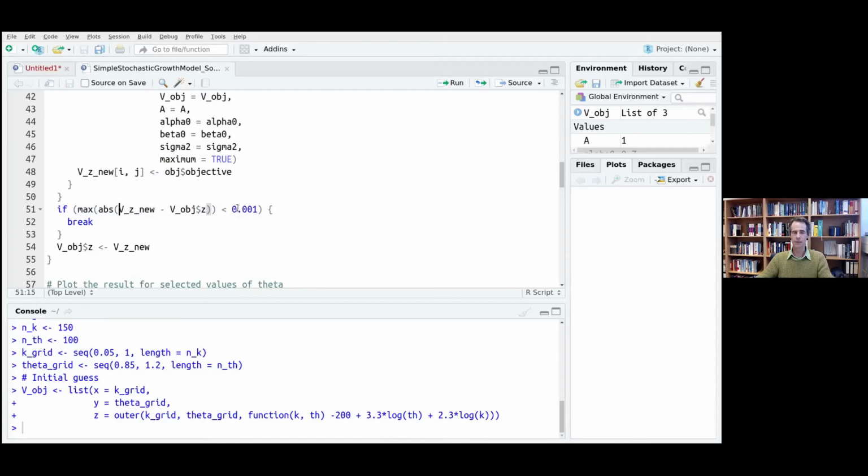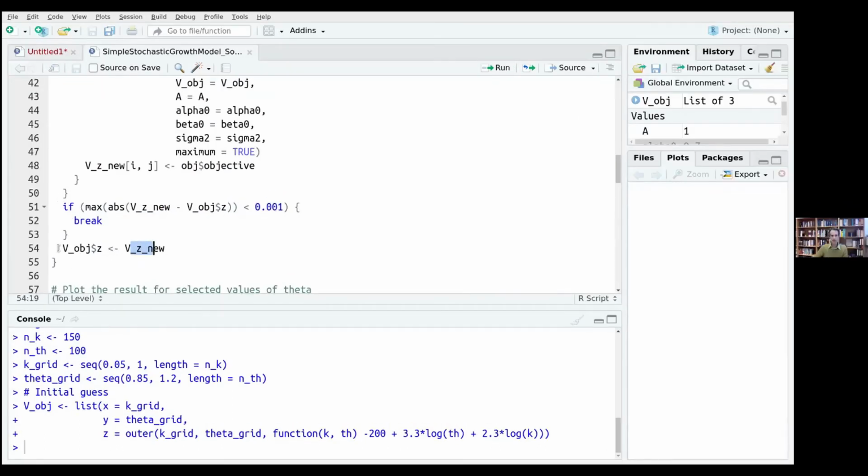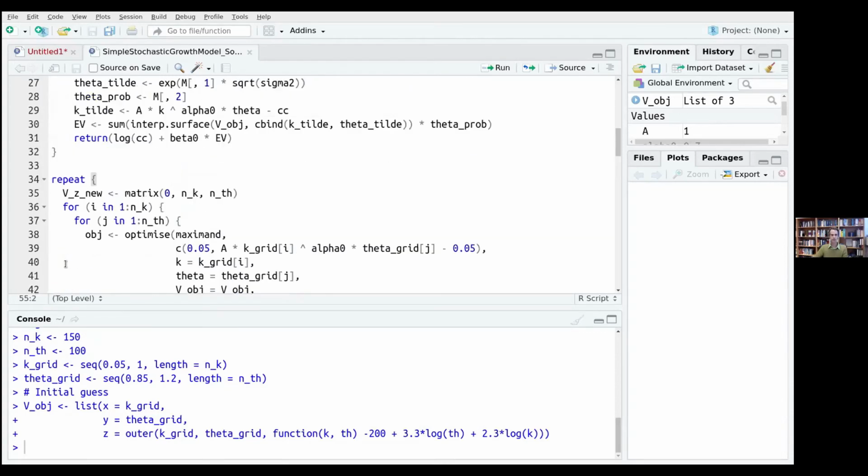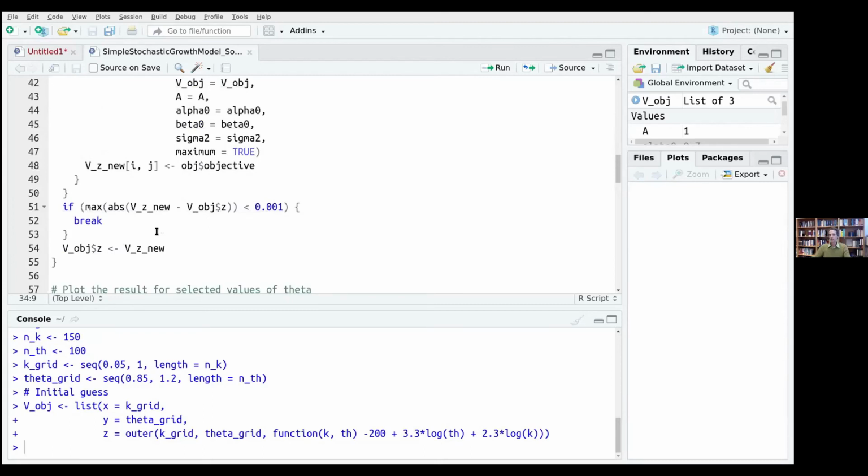So I stop if this maximal distance is smaller than 0.001, and if it's not, then the new iteration returns a different value function from the current one. So we put the new one in place of the old one and redo the whole thing, right? So there's a repeat command around this double loop, which runs until convergence.